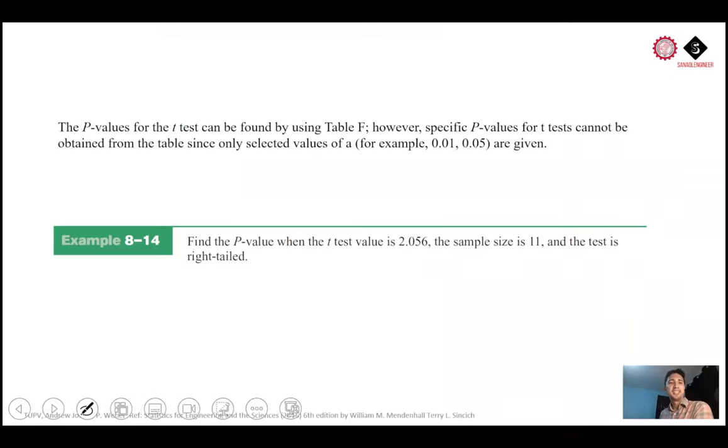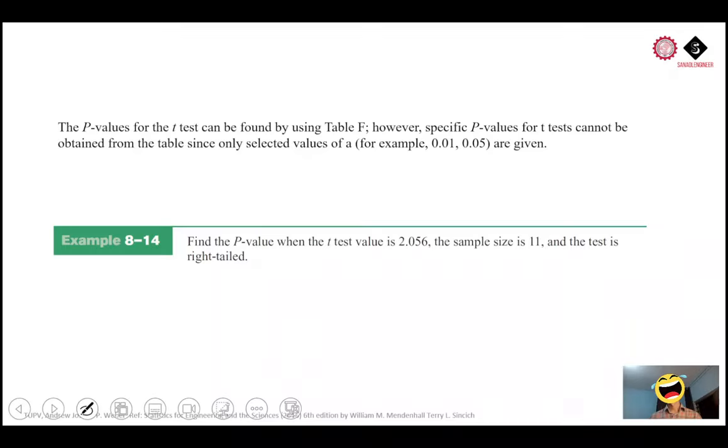What about using the p-value method? The p-values for the t-test can be found by using table F. However, specific p-values for t-tests cannot be obtained from the table since only selected values of alpha are given. Alright. Okay, so example. Find the p-value when the t-test value is 2.056.